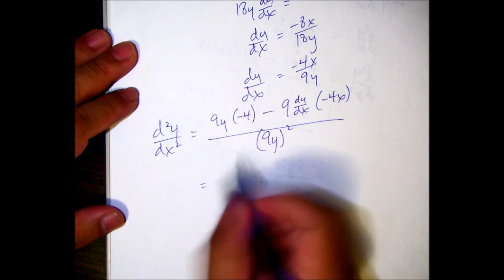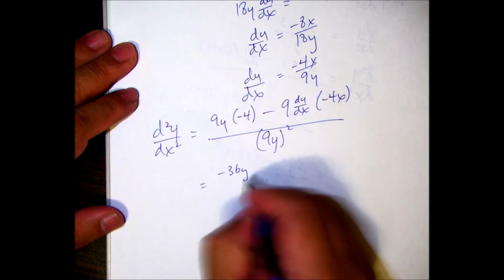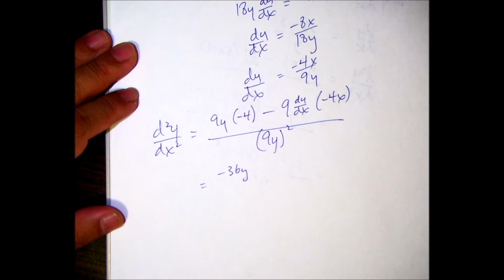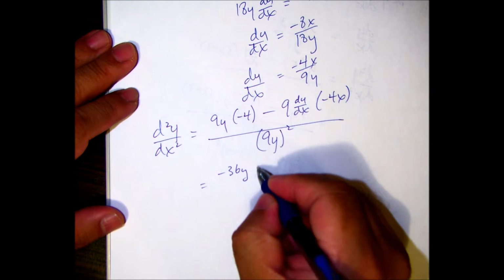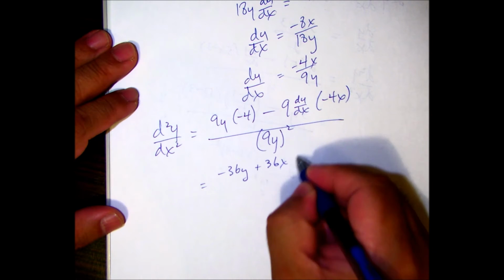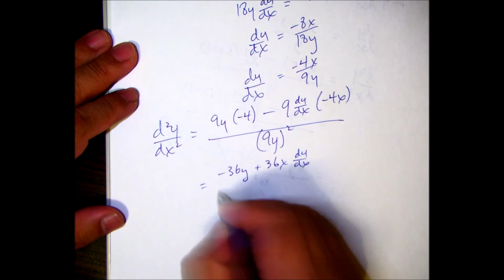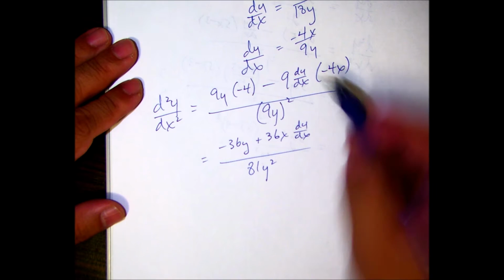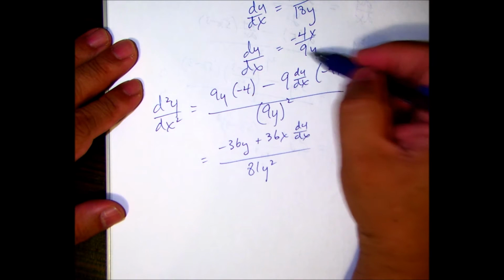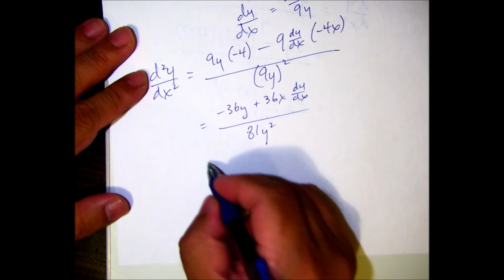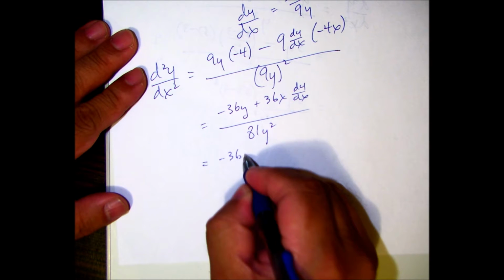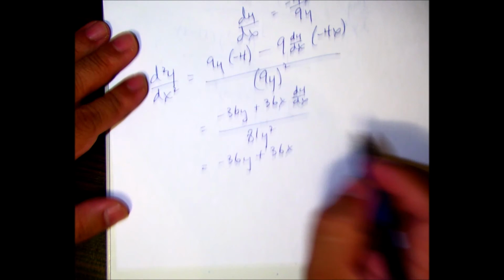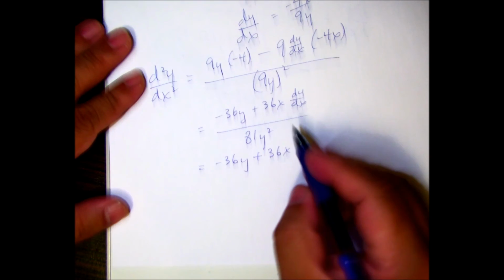Continuing, that's going to be negative 36y, and that's going to be 36x, except it's plus, times dy dx over 81y squared. Replace dy dx with what we know, which is negative 4x over 9y.